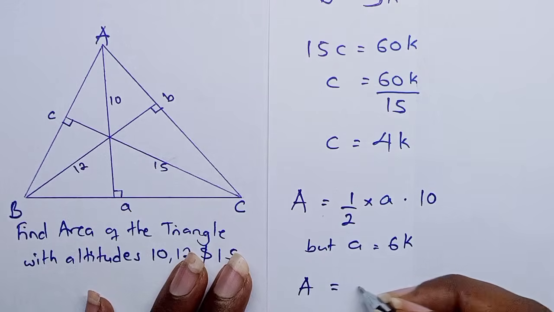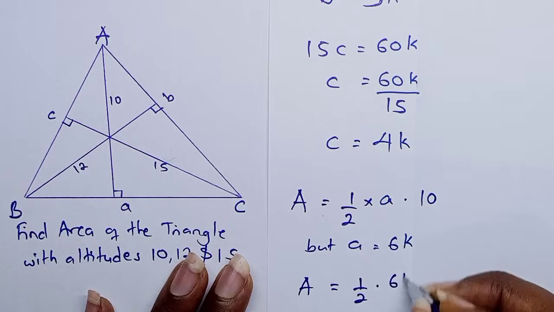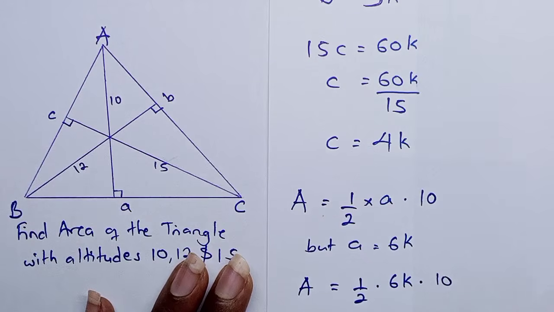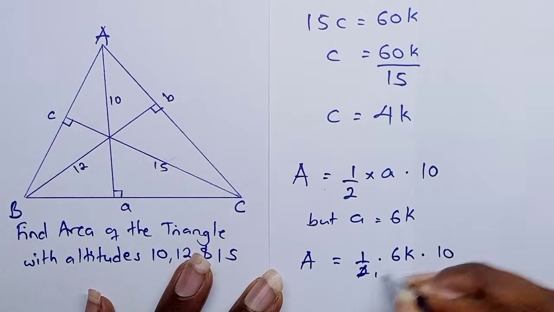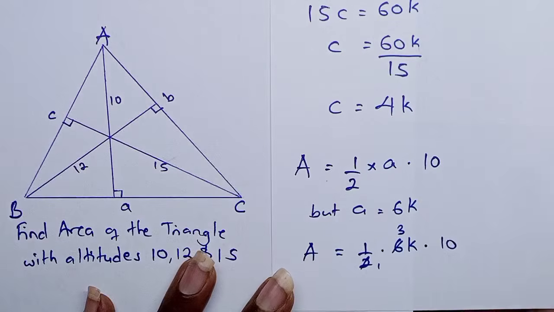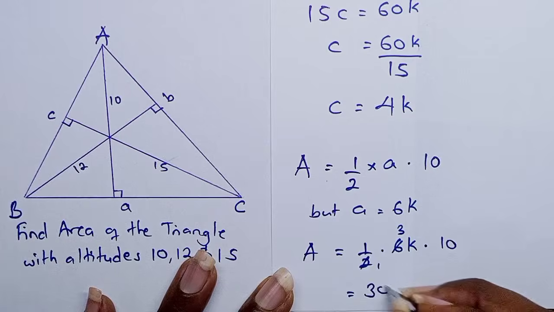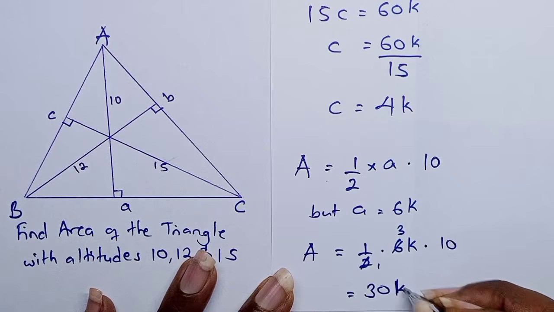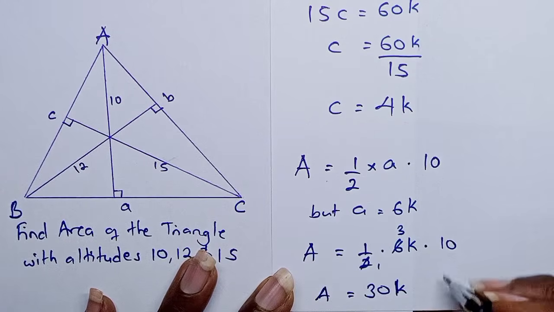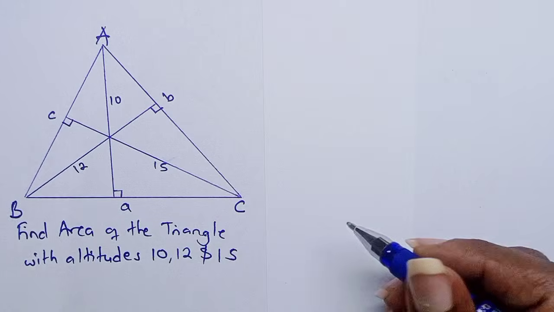So the area would be equal to a half times 6K times 10. 2 divides into 6 to give 3, so this is 3K times 10, which gives us 30K. Therefore, the area is 30K. Let this be equation 1.